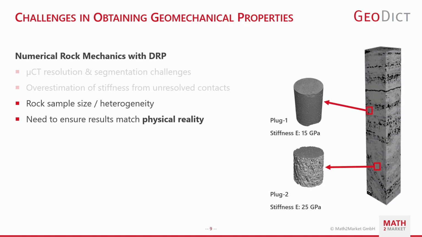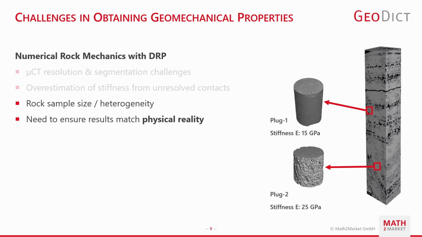To give you an overview of what I mean by that, if you have a large core with a few different plugs, you need to make sure that the plugs you take out and on which you do the prediction of the stiffness, for example, are representative and that in the end you can upscale those results to core scale mechanics.